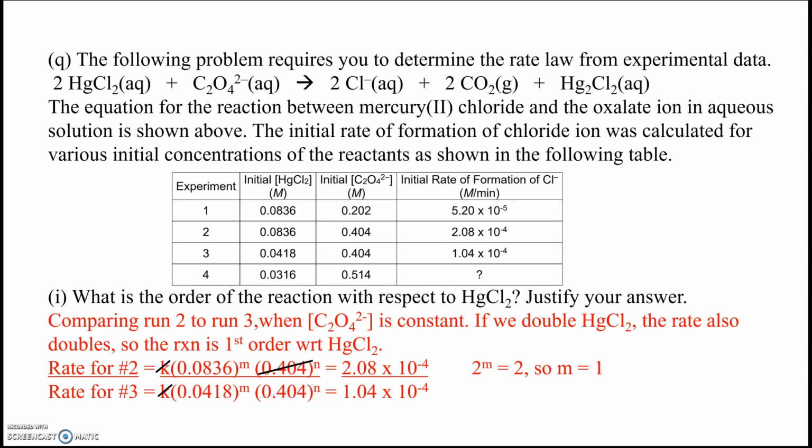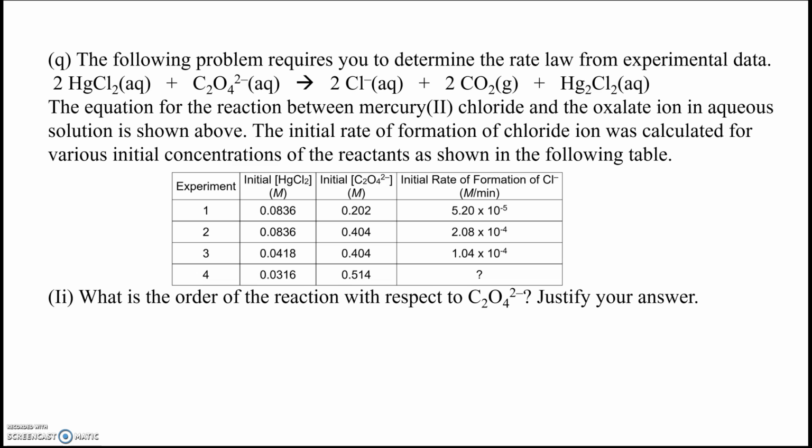And my 0.404 to the N's cancel, leaving me with just a way to evaluate M. So that becomes 0.0836 divided by 0.0418 to the M is equal to 2. So M in our case is equal to 1. We've solved that puzzle. Now let's go on to the next step.